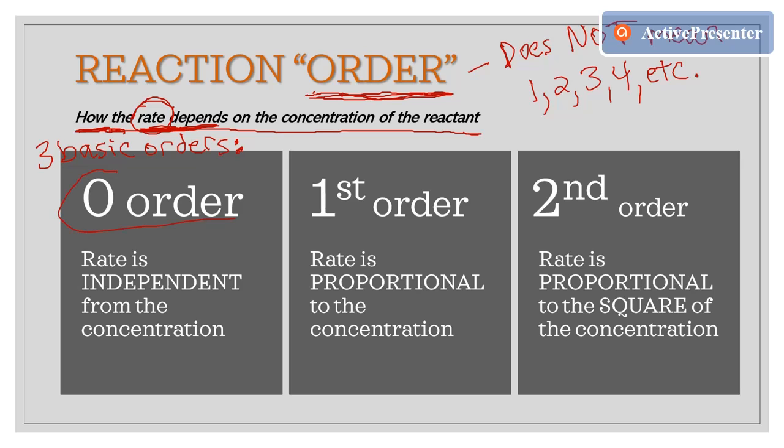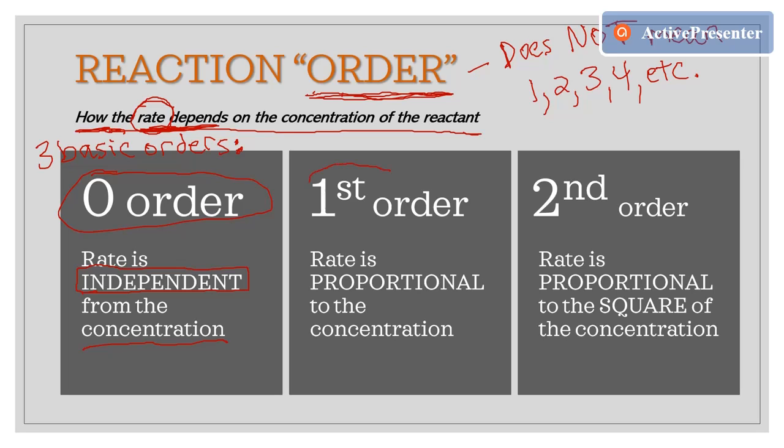There's the zero order, and in the zero order, the rate actually is not affected by the concentration. It's independent of the concentration. So it doesn't matter if it would be 10 moles of A or 10,000 moles of A. The rate is going to be the same. The rate is completely independent from the concentration.